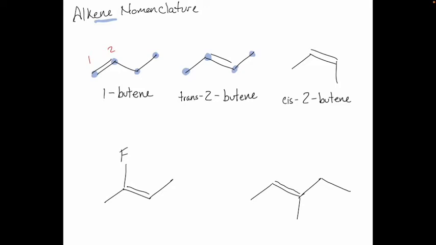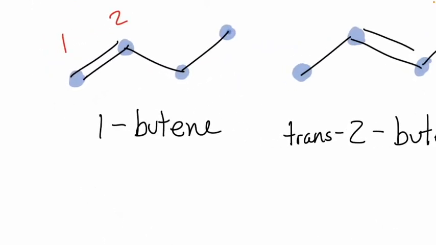Notice for this first one, I didn't have to have cis or trans in the name. Why is that? If I look here, how many hydrogens are on carbon 1? 2, right? It's got 2 bonds explicitly drawn. So that means there are 2 other groups right there. Since these are the same, since they match, it's not going to have any sort of cis or trans designation.